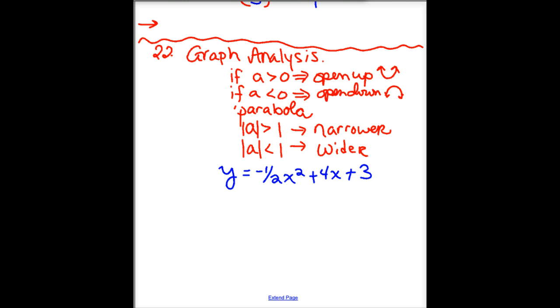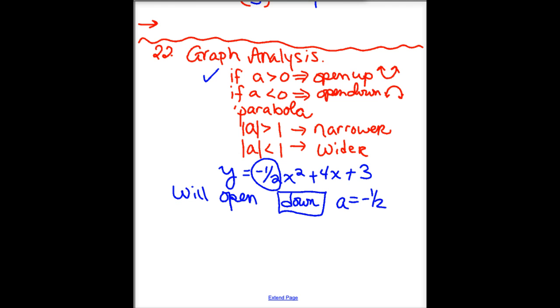You ready? This parabola will open down. I want you to circle this. So you're going to write: this parabola will open down because A is equal to negative 1/2, which is less than 1.